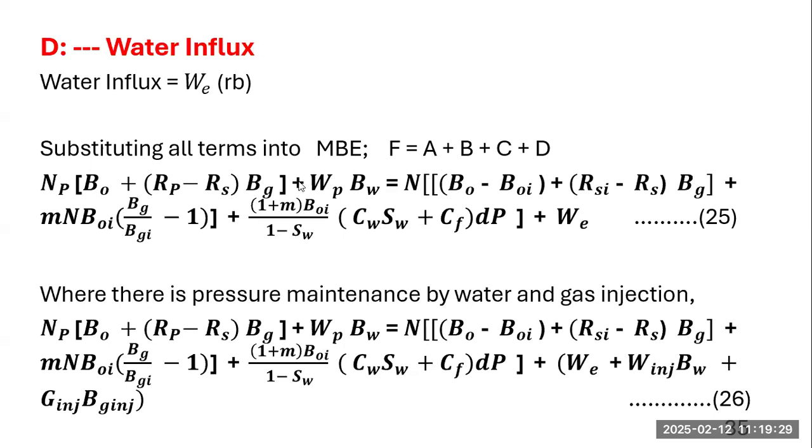So your F, your oil component, your gas component, and your water component, all withdrawn from your reservoir. Remember, it's a tank model, and the algebraic sum of the underground withdrawal and the components of your reservoir, which balances the energy within the system, is 0.